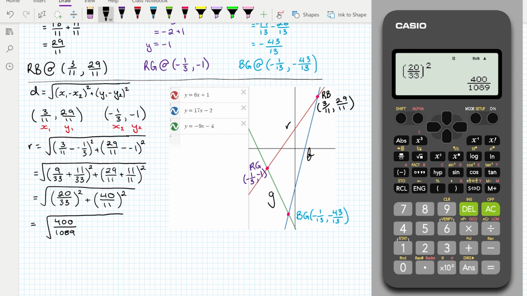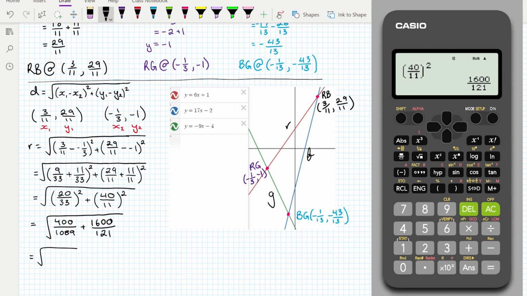Sorry, that's under the square root sign there. And then our second one, again, 40 divided by 11 raised to the power of 2. That's 1600 over 121.